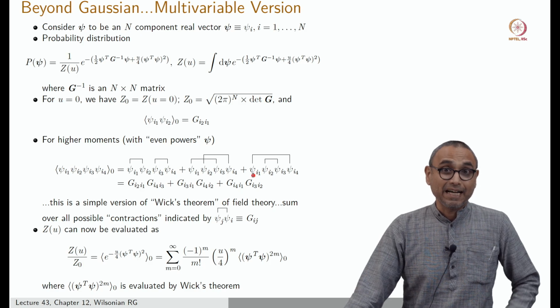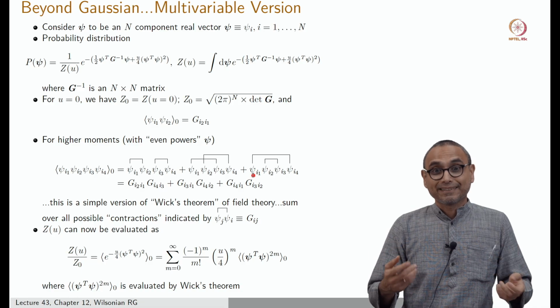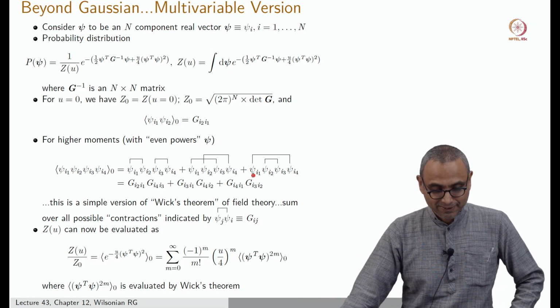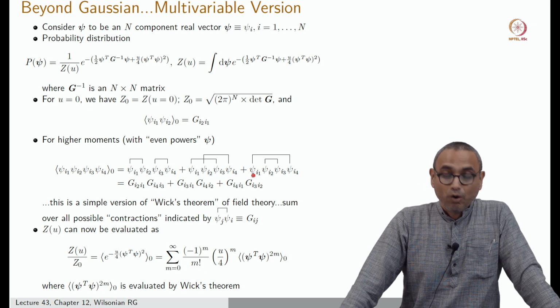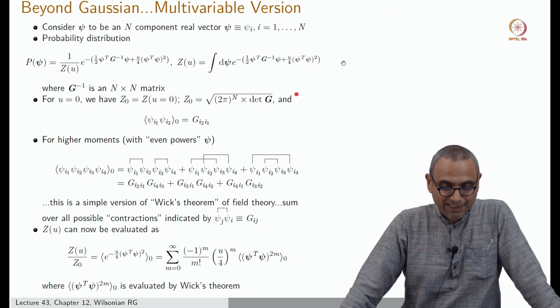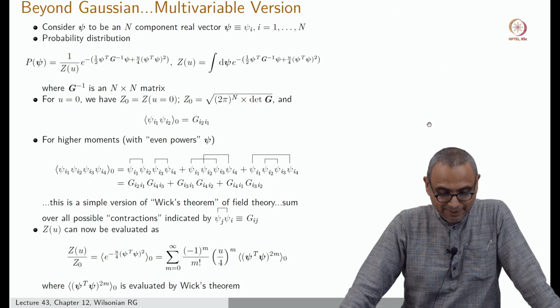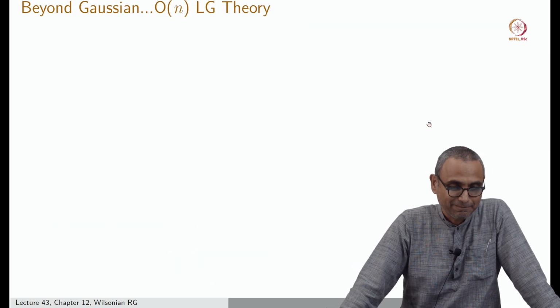So this is the idea, and you use Wick's theorem to calculate the higher moments of the Gaussian. Okay, very good. So we have now at least formally got an expression for the partition function of such a complicated model. Now let's see what we will do with our O(N) symmetric Landau-Ginzburg theory.